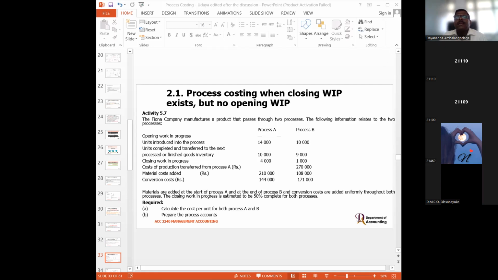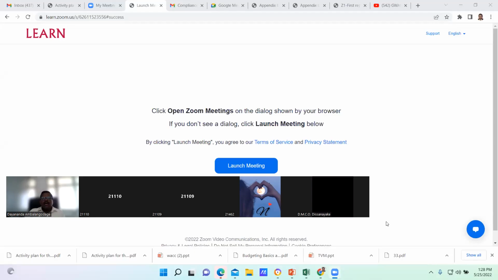Okay. I will do it. Wait. What you are telling me is that you can't see the Excel sheet. Okay. What we can do, I will stop sharing again and make it full screen sharing.